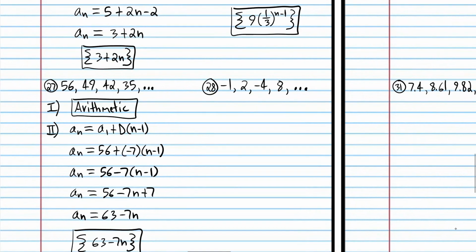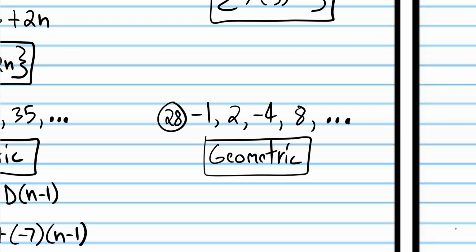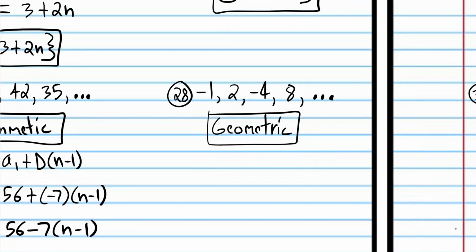Alright, let's try one more of these. This is a geometric sequence because we're multiplying by -2 each time. And the nth term of a geometric sequence, if you recall, is the first term of the sequence times the common ratio raised to the n-1 power.